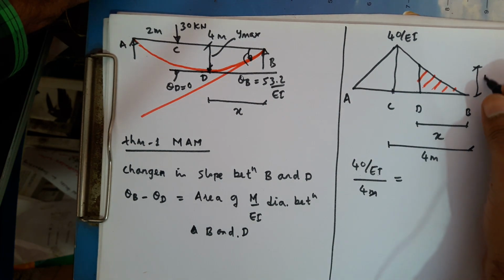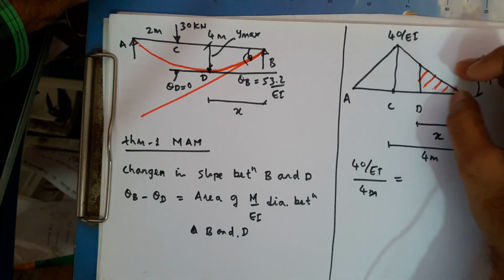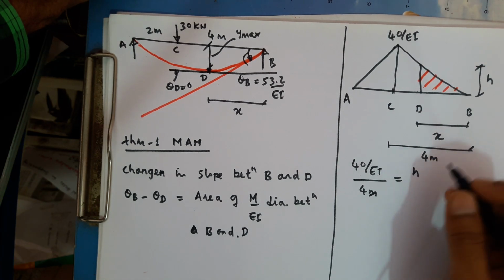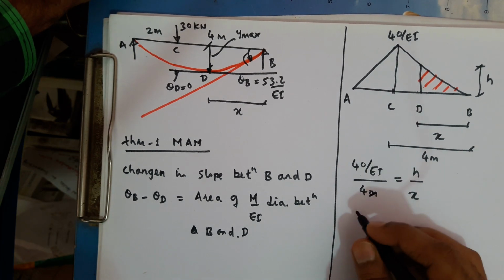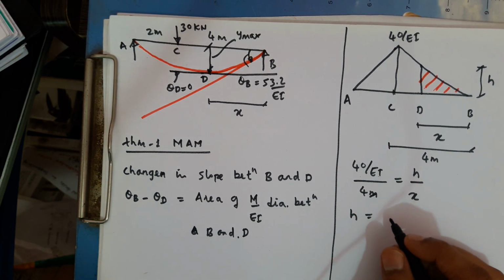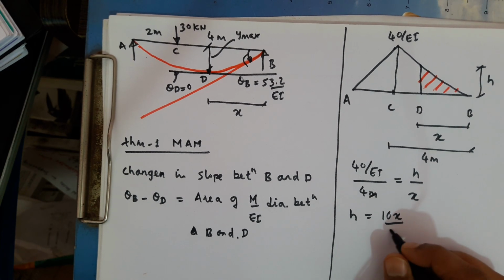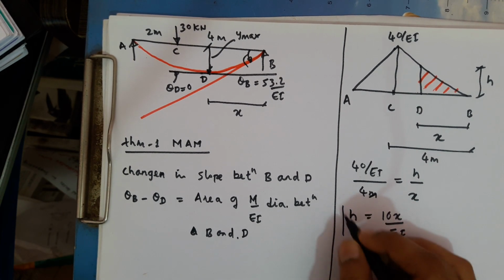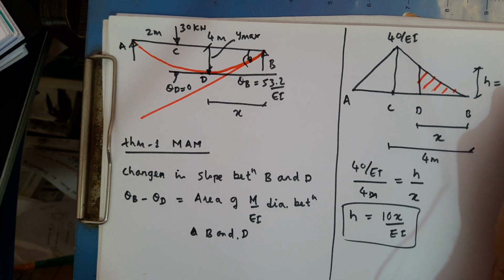I will take this as h. The height of this shaded area is h, that we have to calculate, and the base is x. So h will be equal to 10x by EI.